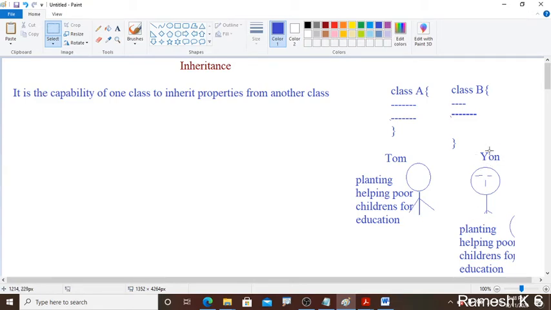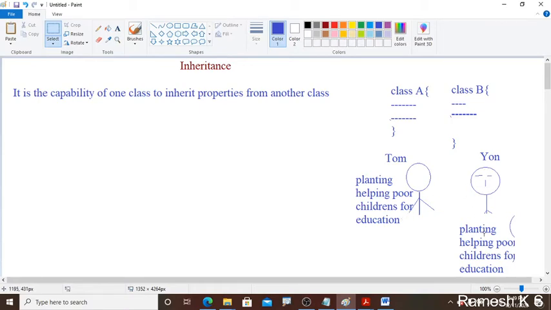He cannot implement planting trees and helping poor children. It is very difficult to implement by himself. With the help of Tom, he can inherit the properties so that the job will be very easy.